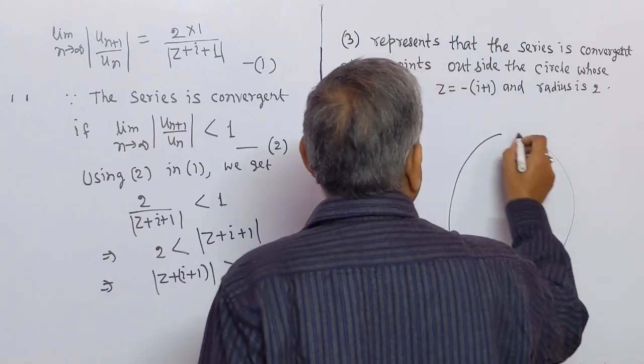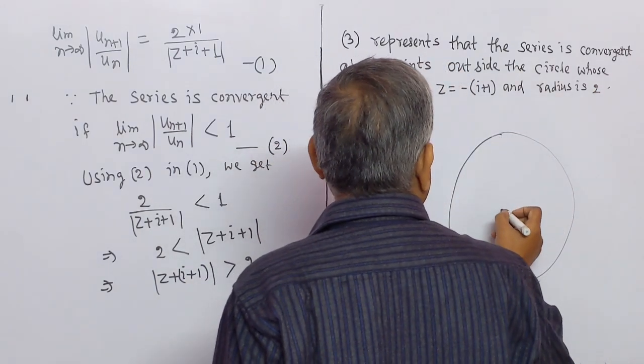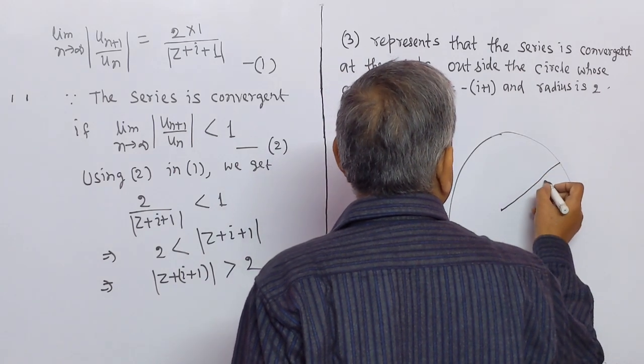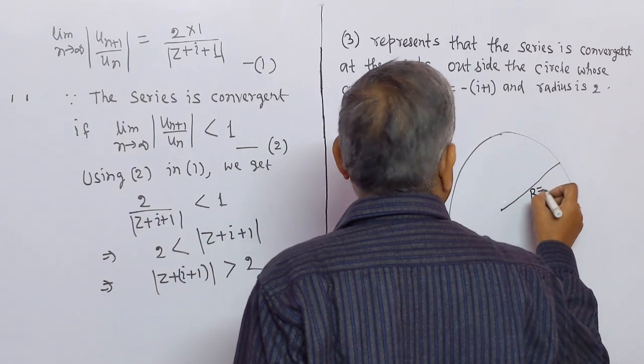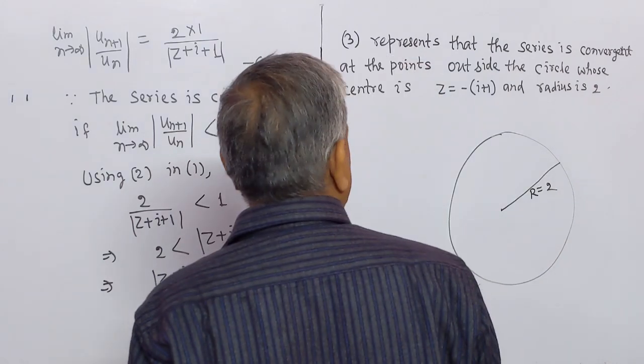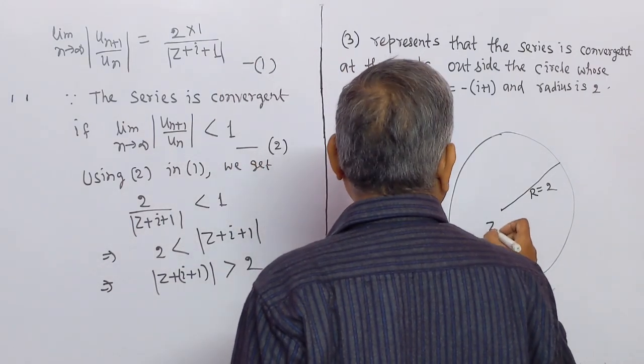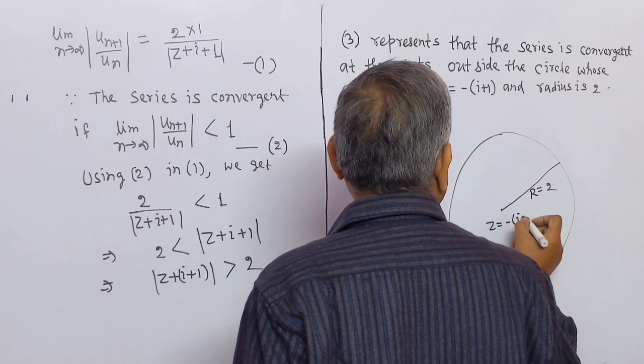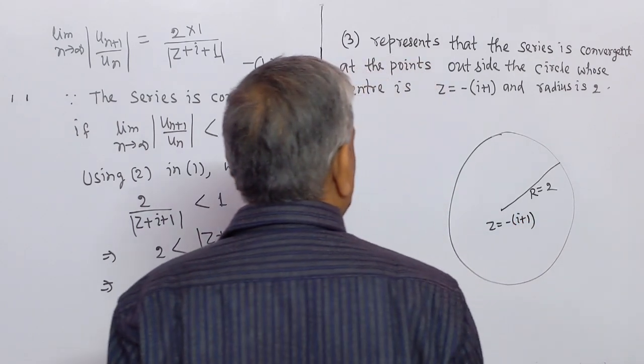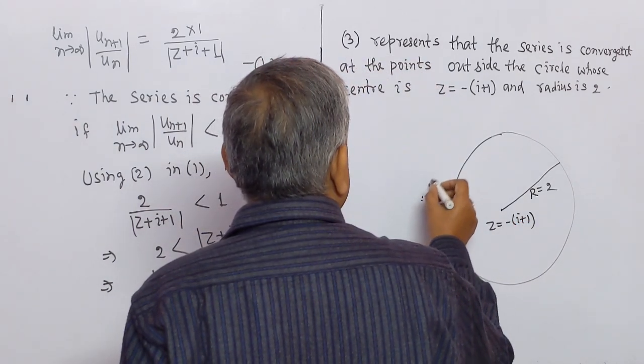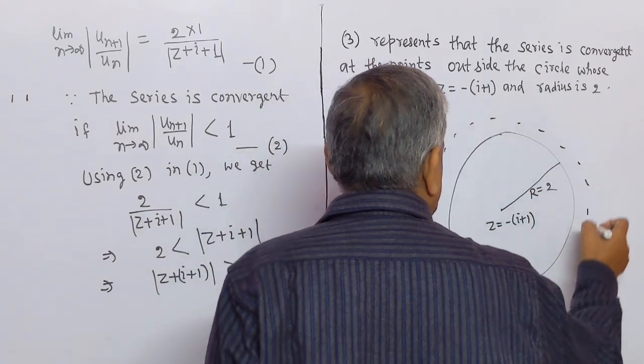Here this is a circle whose radius is 2 and center is z equal to minus i minus 1. These points are outside the circle.